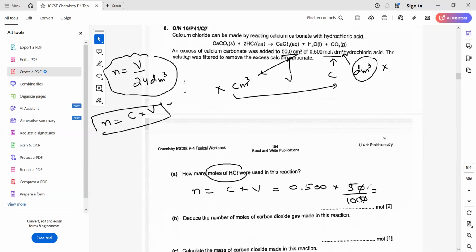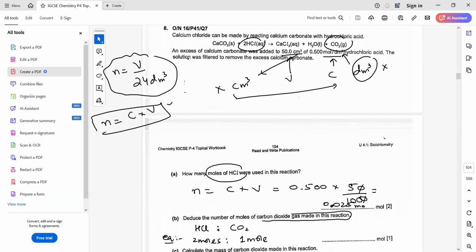So this would be 0.5 times 50 divided by 1000. So we have 0.025 moles as the number of moles. Now they want us to find the moles of carbon dioxide gas made in this test. We have just calculated the moles of HCl. For HCl, according to the equation, we see 2 moles producing 1 mole.